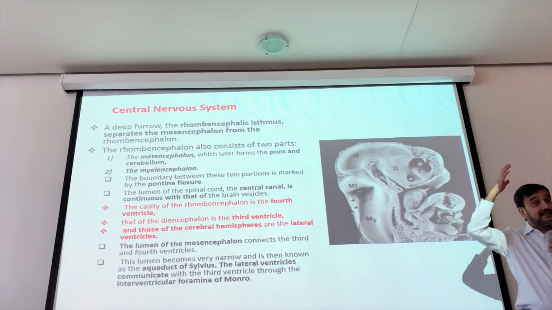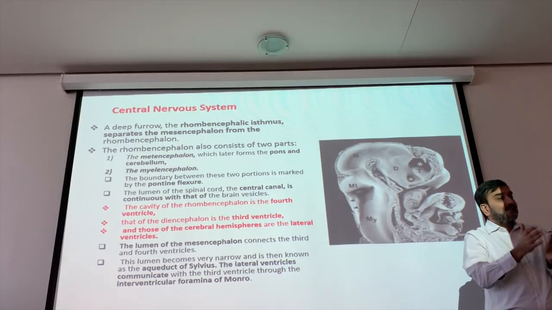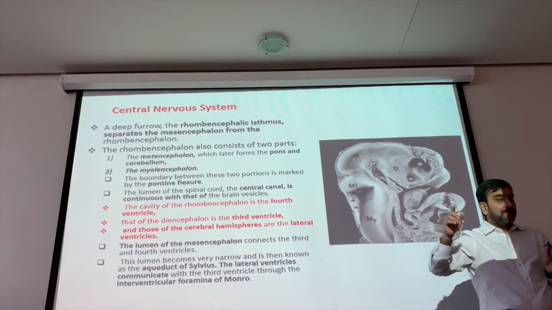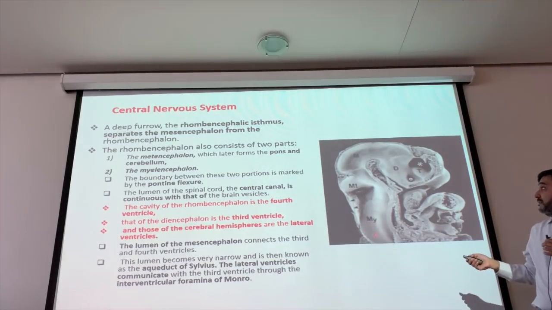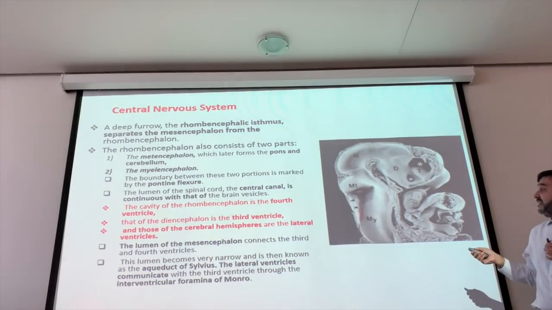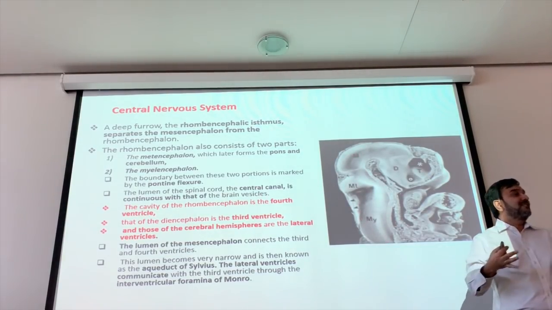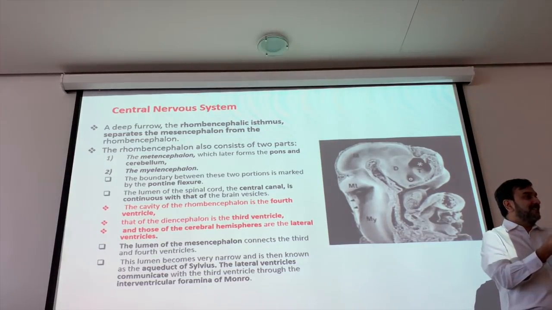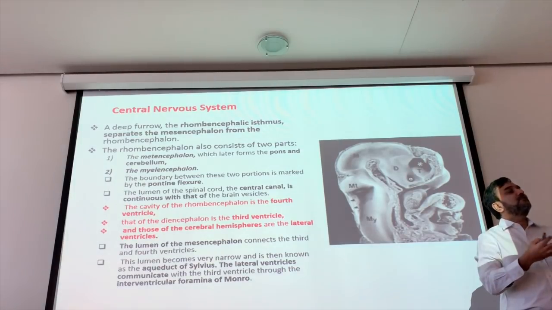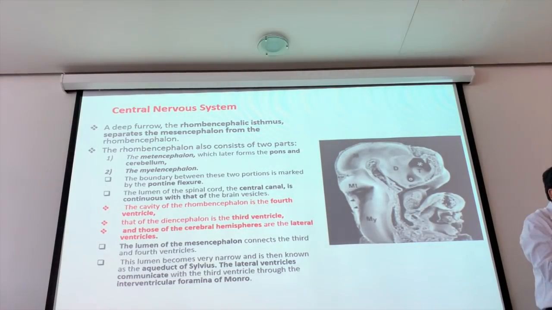So you can see that the vesicles have a cavity, and that cavity is relating to the cavities of the brain. Initially, this is a hollow tube. There is a single line of epithelium which is lining this hollow tube. Later on, cells are going to come in from the epithelial lining, which is going to reduce the size of these cavities.